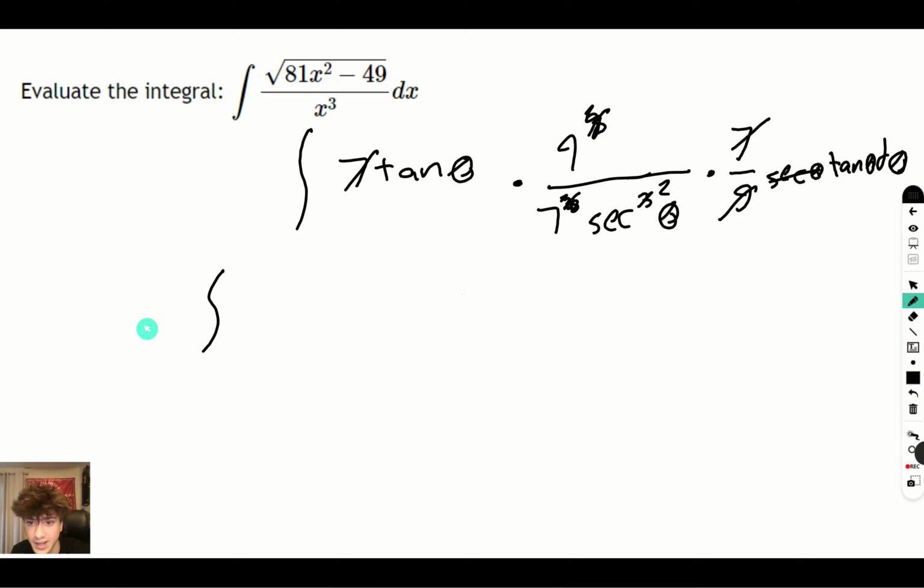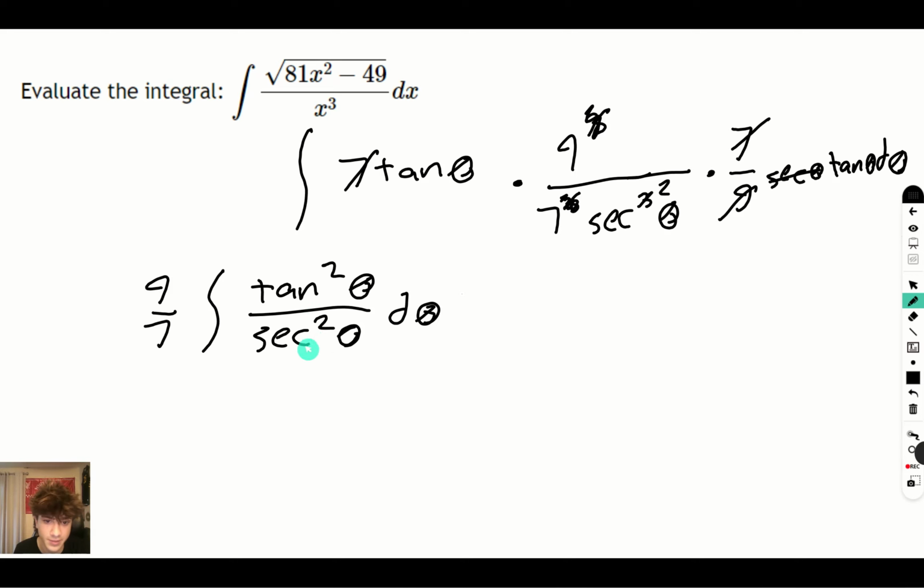We'll put the 9 over 7s on the outside. We'll get tan squared theta over secant squared theta d theta.